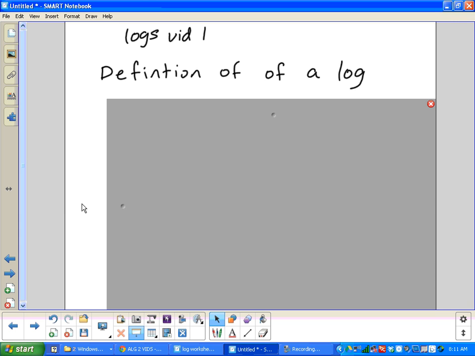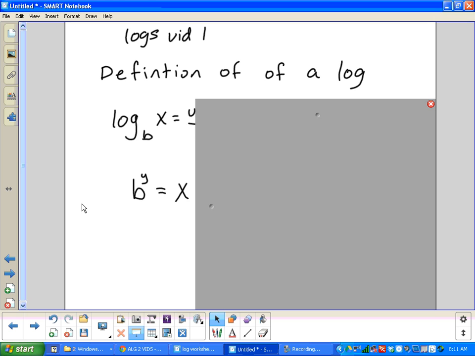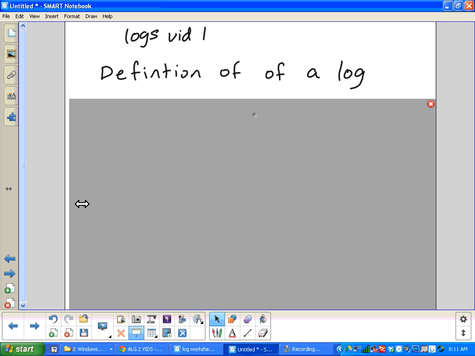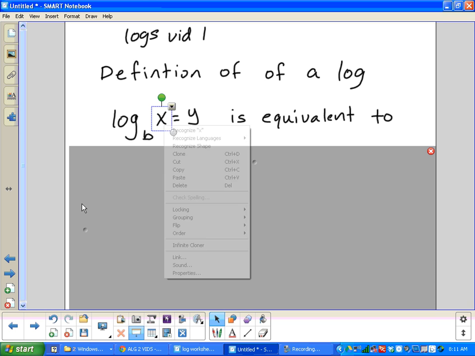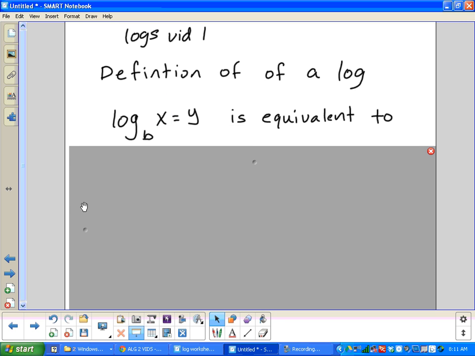Before we talk about really what a logarithm is, we need to look at how we switch it to an exponential form, because that's really the definition. So logarithm is abbreviated with obviously log, and then I have base b, and I have x, equals y.